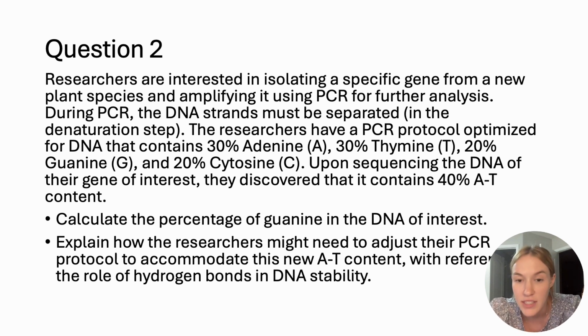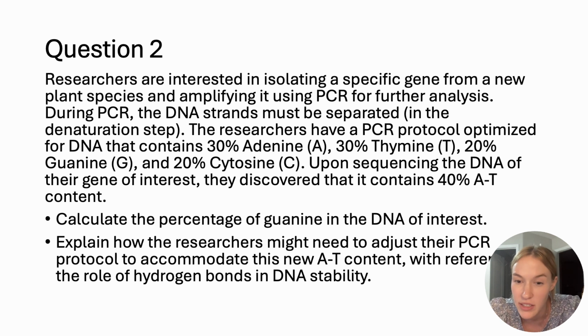Well, if the DNA of interest is 40% AT, that means it has to be 60% GC. And half of that 60%, because DNA is double-stranded, is going to be guanine, and the other half would be cytosine. So half of 60% is 30% guanine.